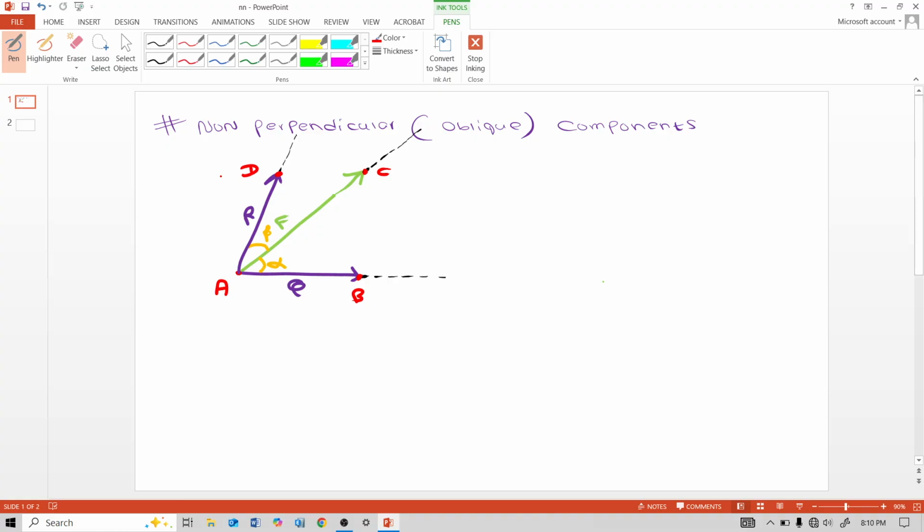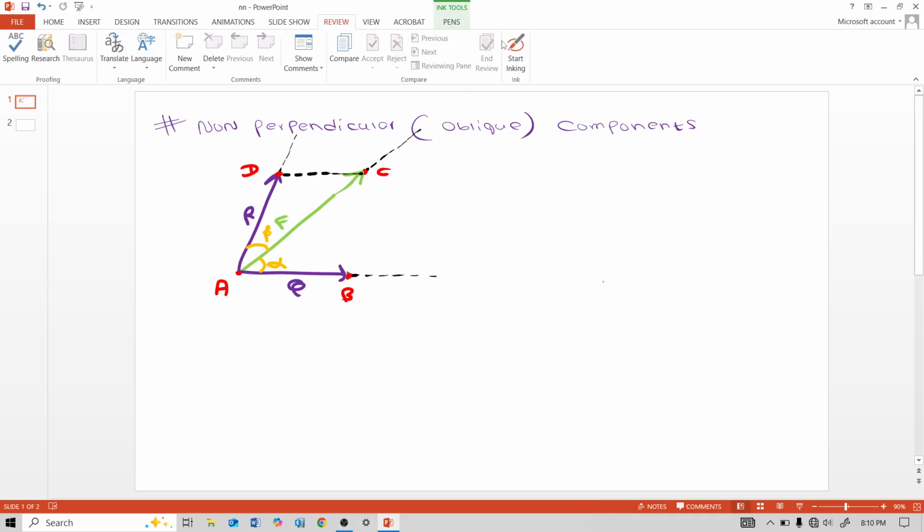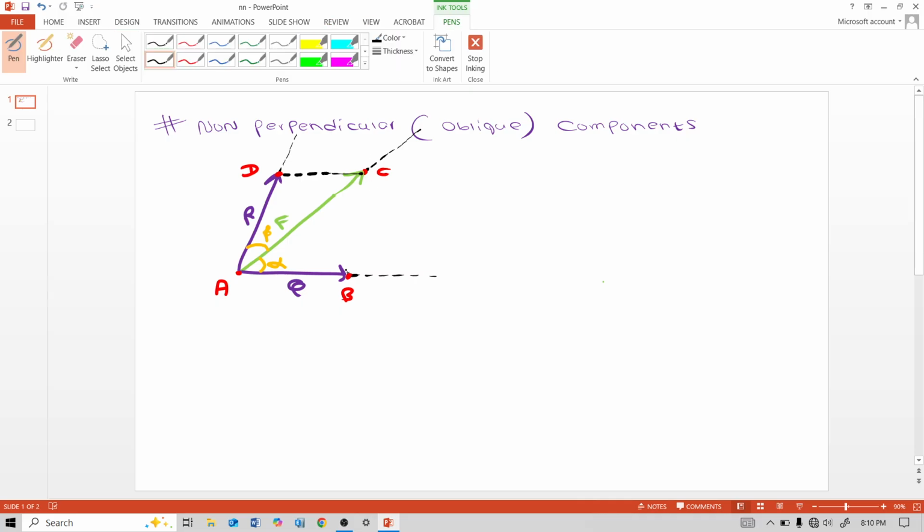So we will make parallelogram ABCD. We join CD parallel to AB, and BC parallel to AD.